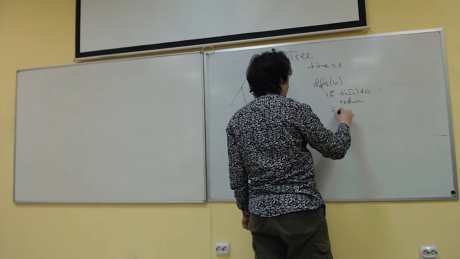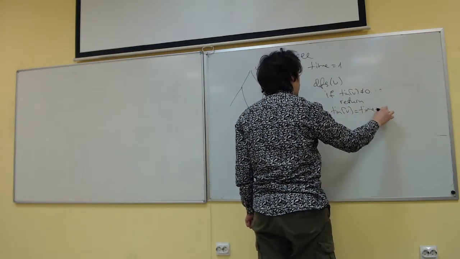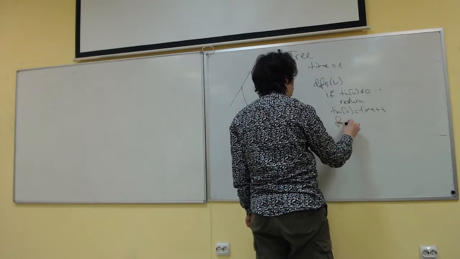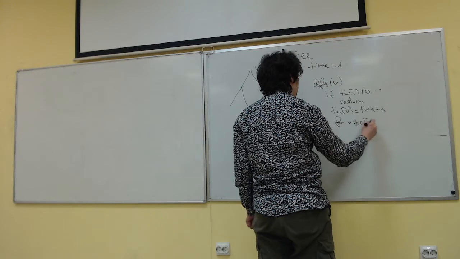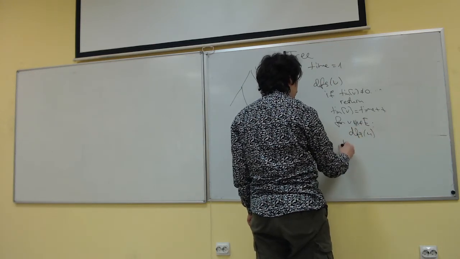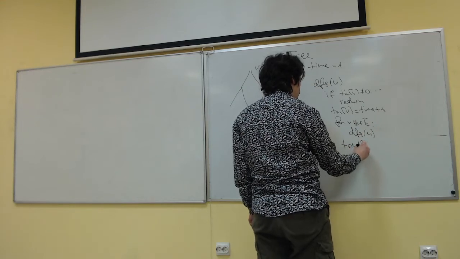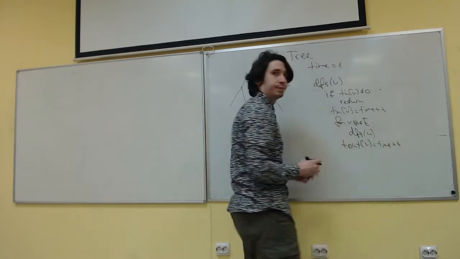Then we say t in of v is equal to time plus plus. Then we go for all the edges from v to u in E. We say DFS of u, and then t out of v is time plus plus.